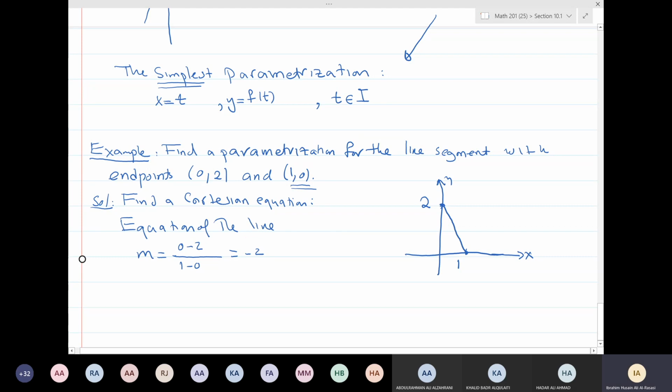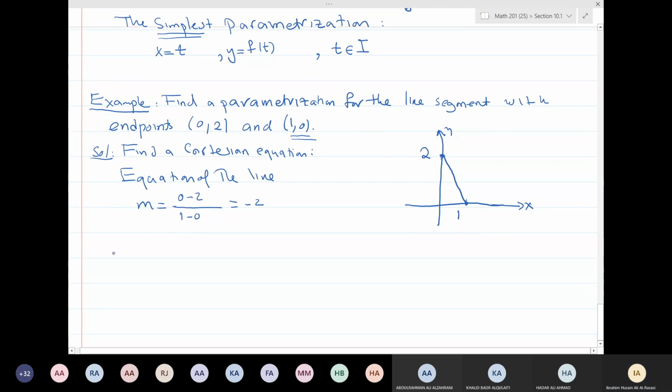What will the equation be? It will be y minus 0 equals the slope, minus 2, times x minus 1. Simplify, you get the following. y equals minus 2x plus 2. This is the equation of a line. Slope and a point.